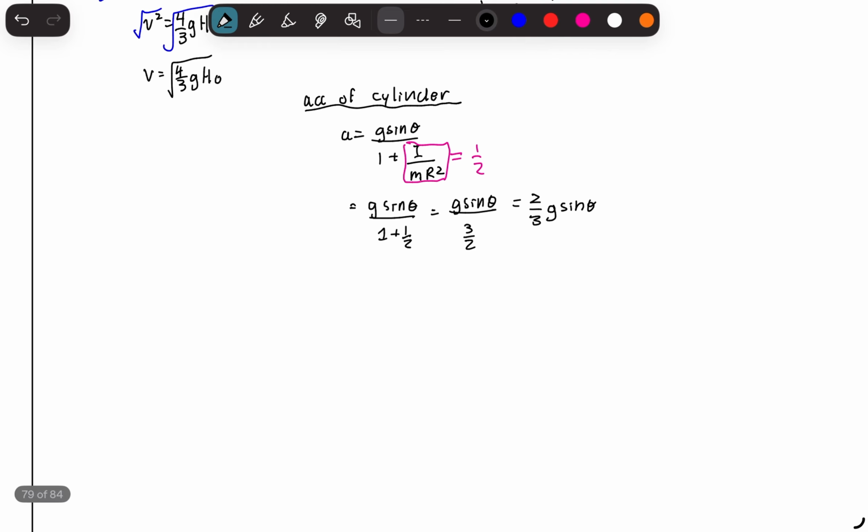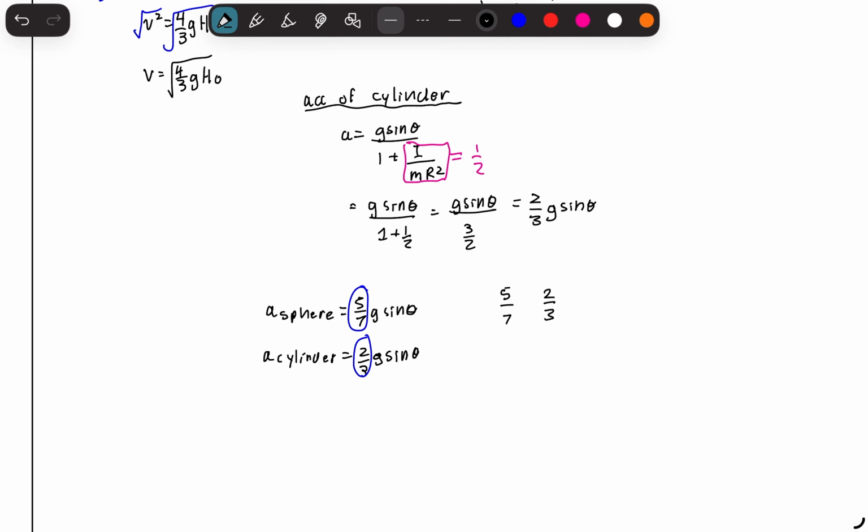So that means that if we compare these two, we have that the acceleration of the sphere was equal to 5 over 7 g sine of theta, and the acceleration of the cylinder is equal to 2 over 3 g sine theta. The only difference in these two is the fraction. So in order to compare which one is larger, let's compare the fractions, 5 over 7 and 2 over 3.